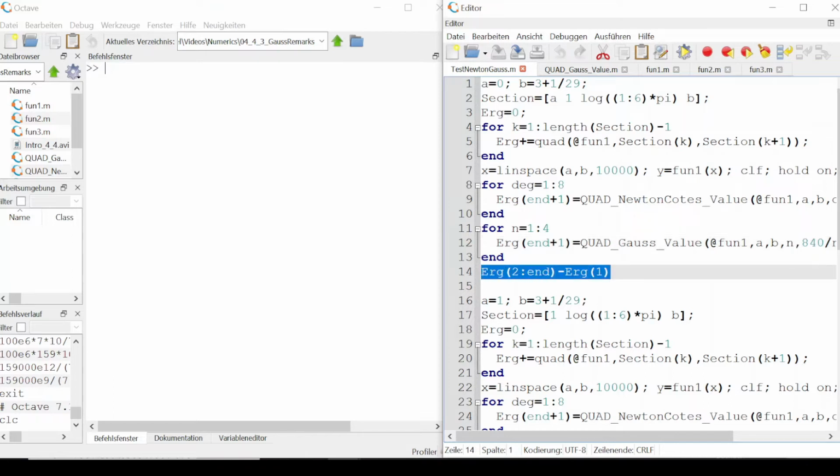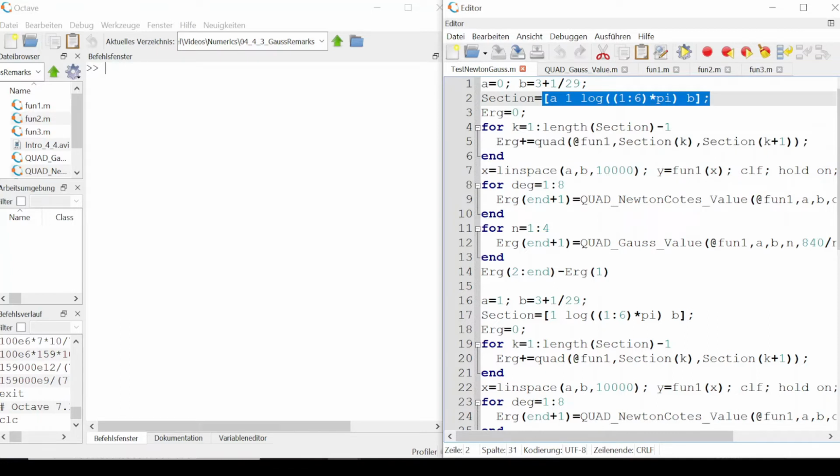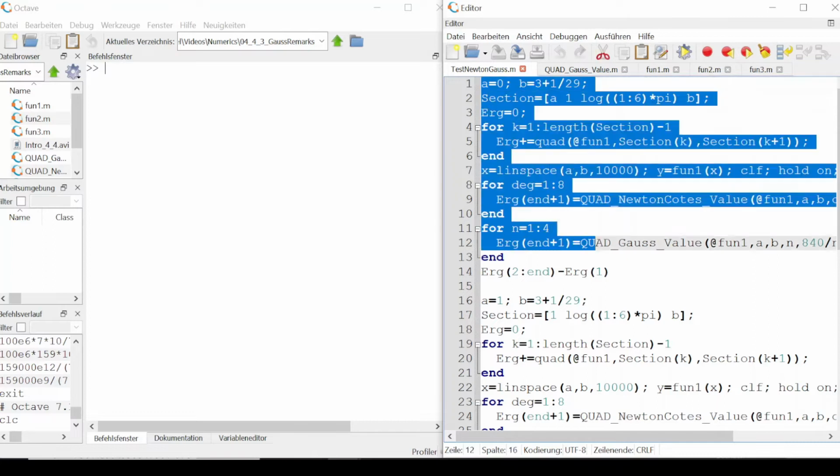And in the end, we will check our results against the correct results which we got by calling the quad command. And for getting good values, we split the integration interval, which is a very good idea. Never forget that idea. If you have a problematic function and you know all the positions of the problems, then always split the integration interval. Okay, let's run that code.